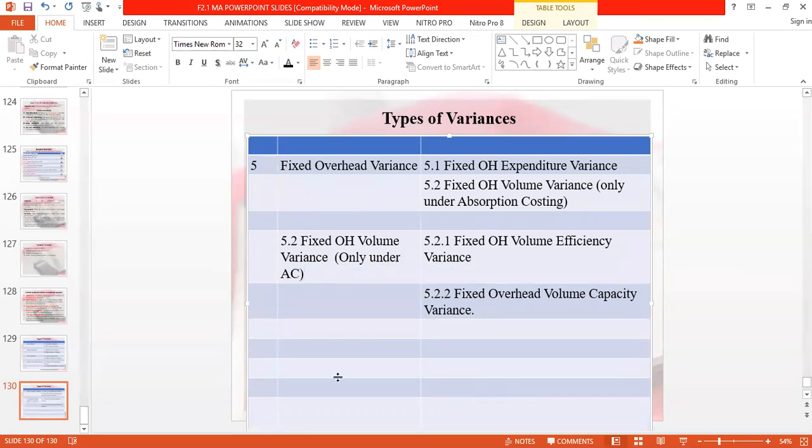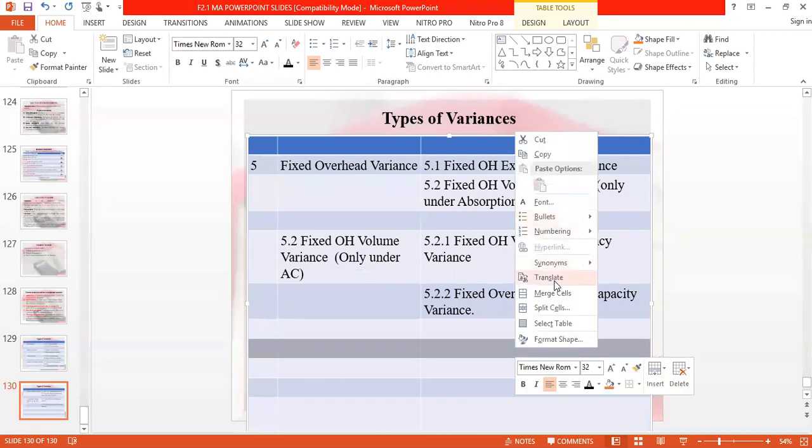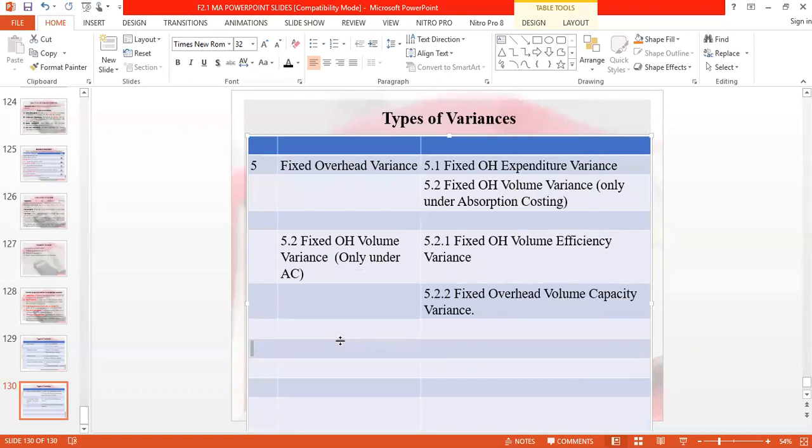So maybe I can have a note here. Note, NB: under marginal costing, there is no fixed overhead volume variance.